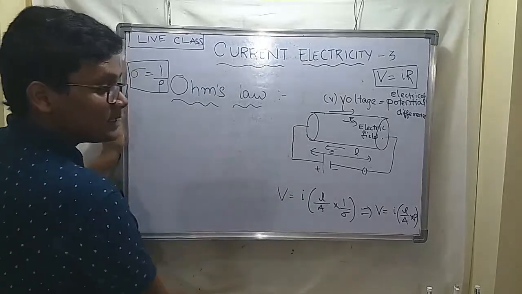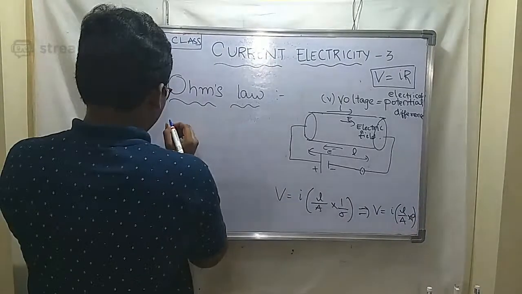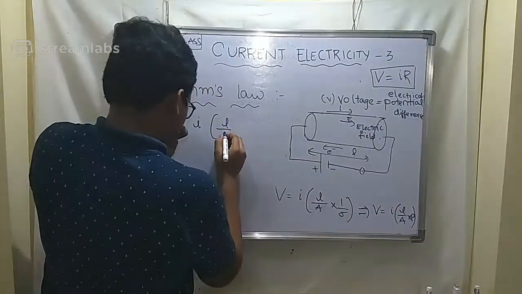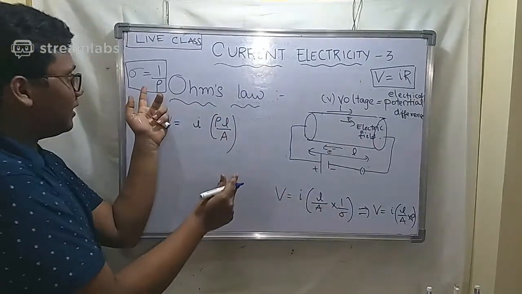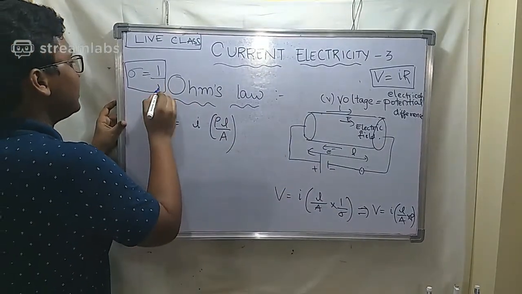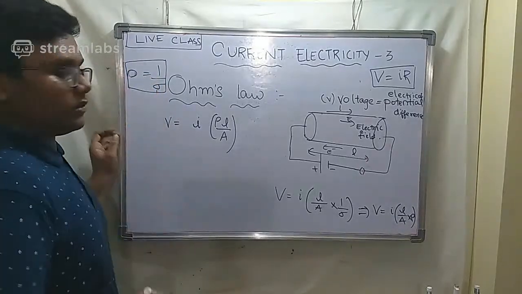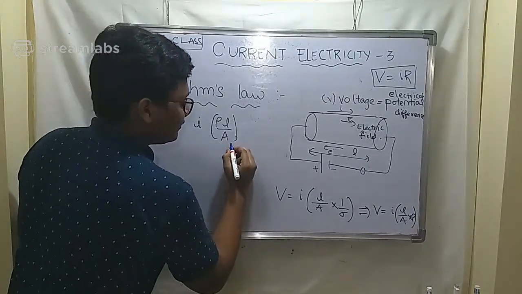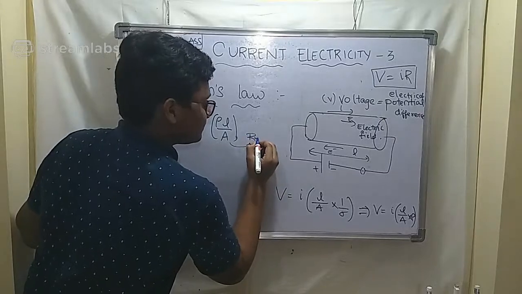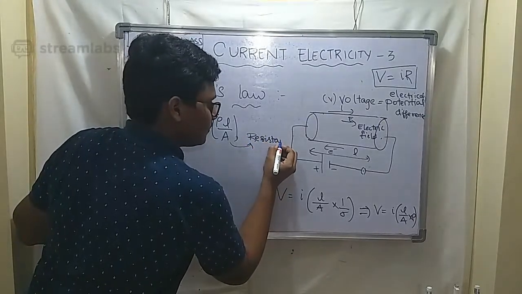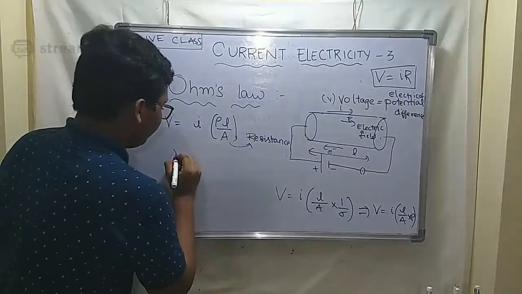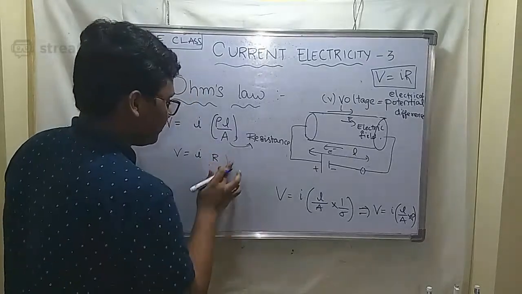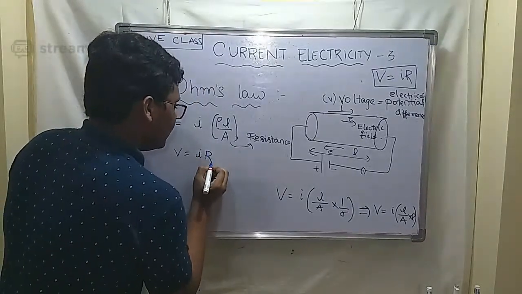Rho L by A is the resistance. So V is equal to I into rho L by A. We know already that 1 by sigma is rho, so this is the resistance, R. So V is equal to I into R. We derived the formula V = IR.